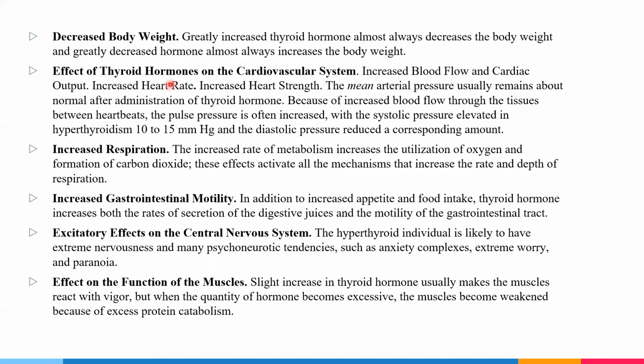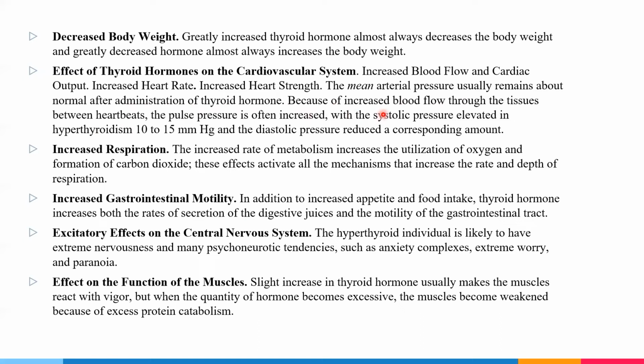Effect of thyroid hormone on the cardiovascular system. Increased blood flow and cardiac output, increased heart rate, and increased heart strength are effects of thyroid hormone on the cardiovascular system. The mean arterial pressure usually remains about normal after administration of thyroid hormone.